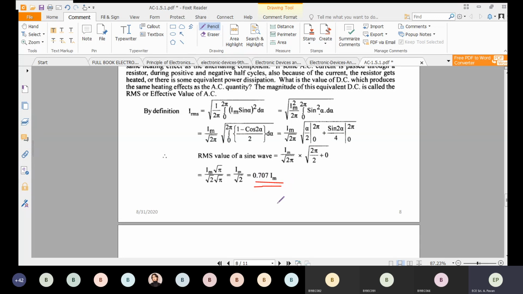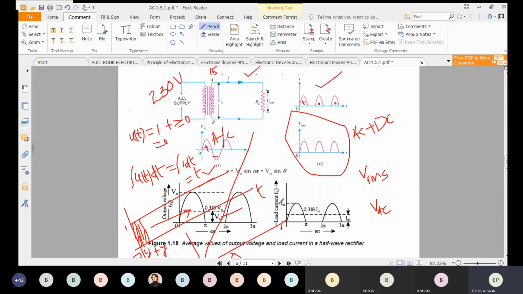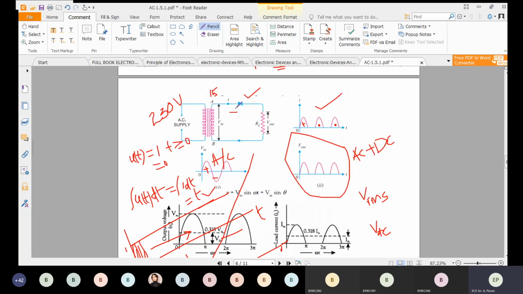So if I have 10 volts at the output of the transformer, where is the transformer? Here it is. If I have 10 volts at the output of the transformer, plus minus, and I use only a single diode, I'm going to get only 3.1 volts at the output as DC.